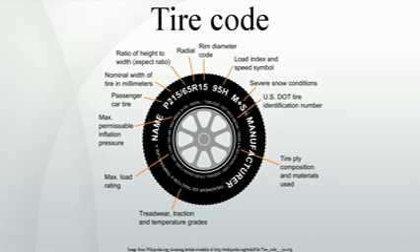Load range. The load range letter on light truck tires indicates their ply rating. Load index. The load index on a passenger car tire is a numerical code stipulating the maximum load, mass, or weight each tire can carry.